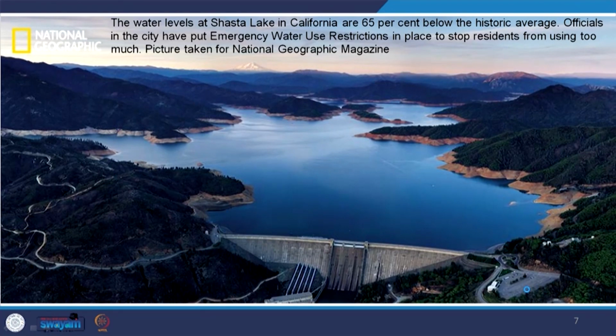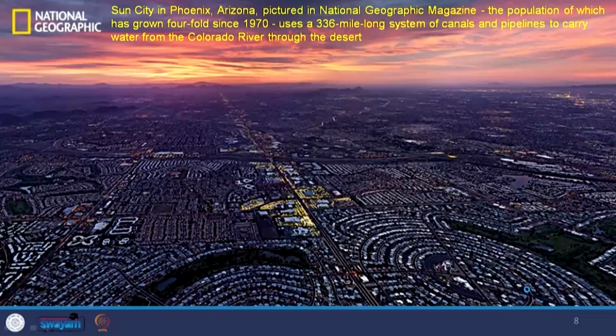it was 65% below the historic average. Again, the picture has been taken from National Geographic magazine.